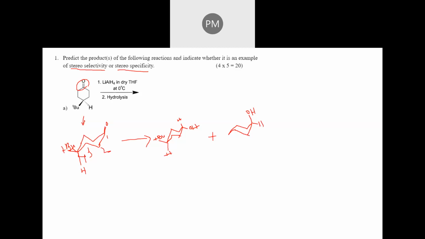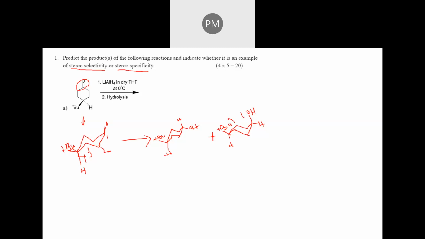Between these two products, which should be the major product and which the minor product? The tert-butyl group is bulky and is above the plane. If we place this OH, which is also bulkier than hydrogen, above the plane too, there will be some interaction between the two.